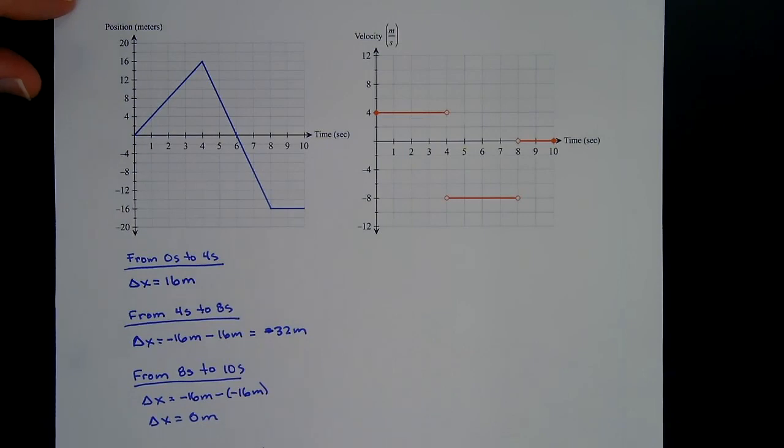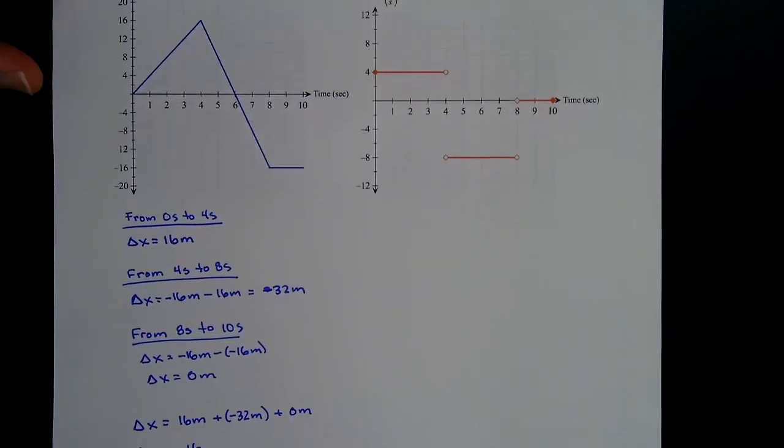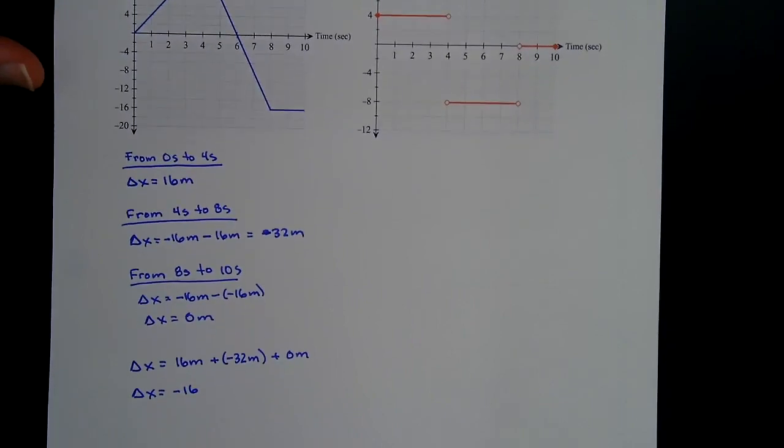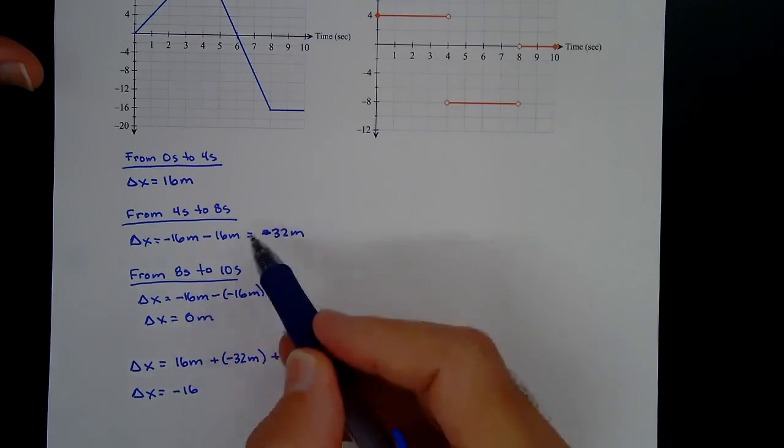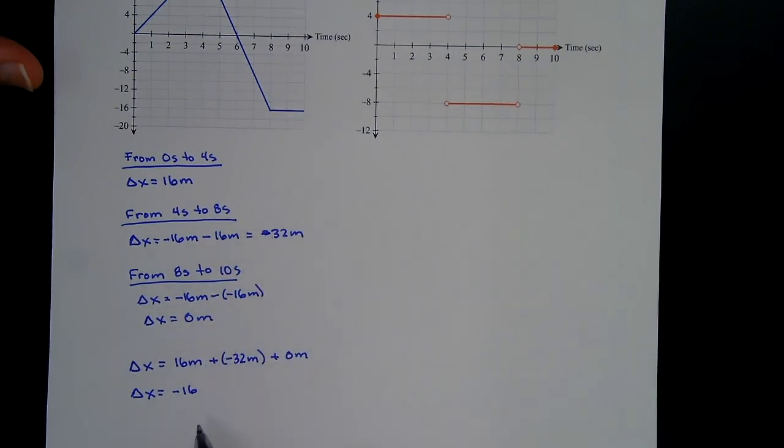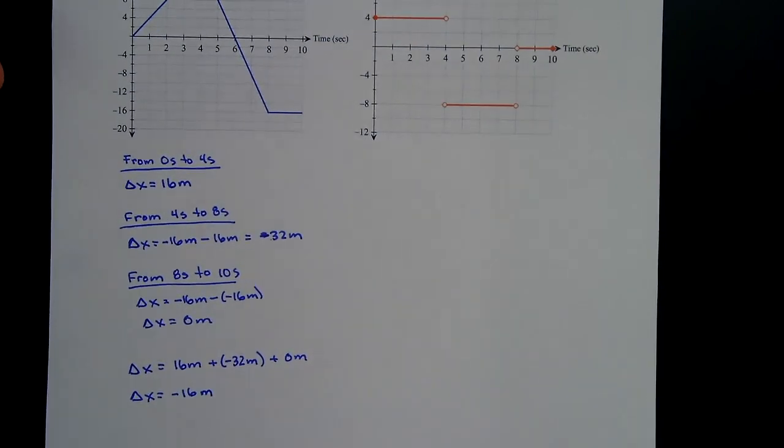Well, that gives us an overall displacement of negative 16. And I just realized you guys couldn't see this. So my displacement was 16 meters plus the negative 32 meters plus the 0 meters, and when I combine those, I get negative 16 meters. So that's how we did it from the position time graph.